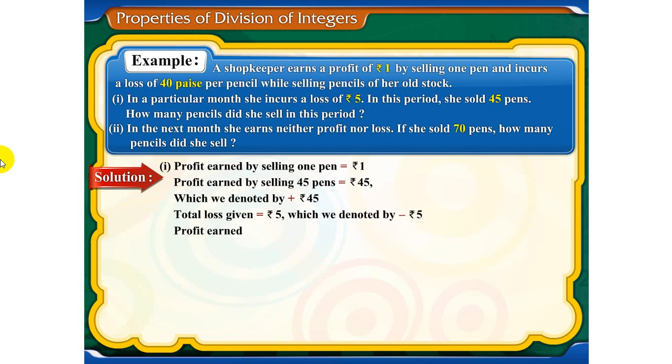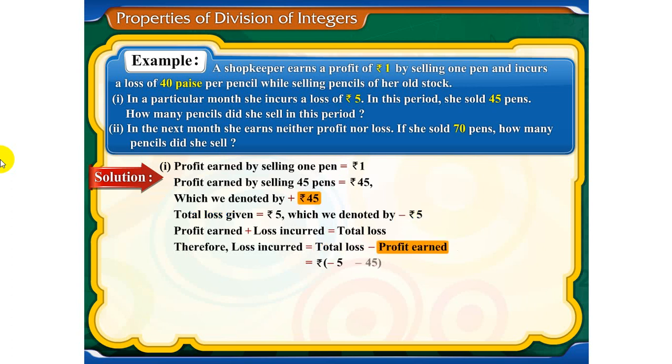The profit earned plus the loss incurred is equal to the total loss. Therefore, the loss incurred equals the total loss minus the profit earned, which equals minus 5 minus 45 rupees, which equals minus 50 rupees, which equals minus 5,000 paise.